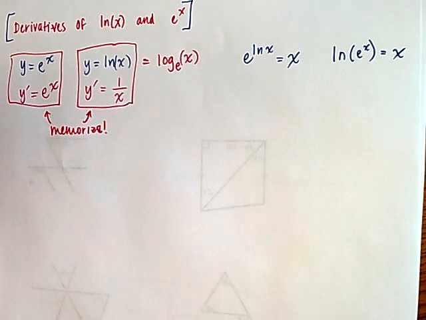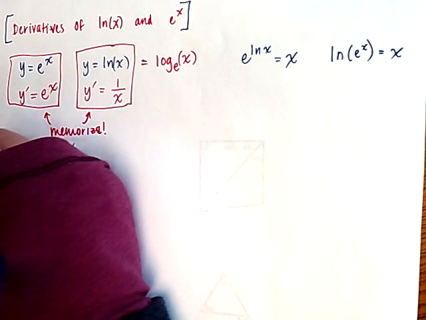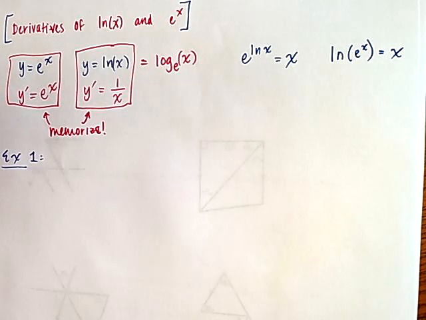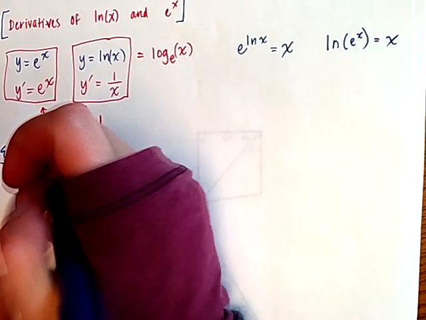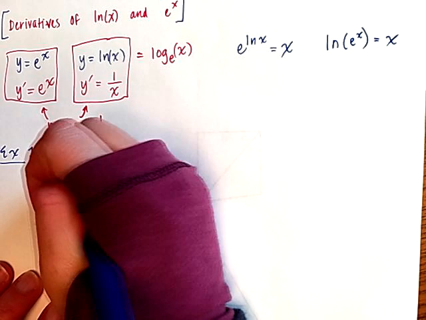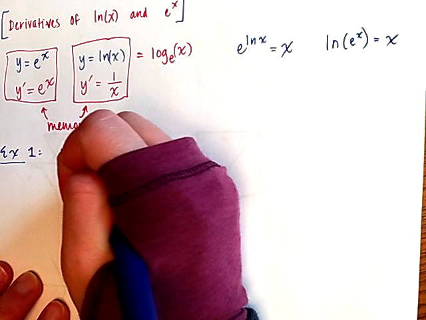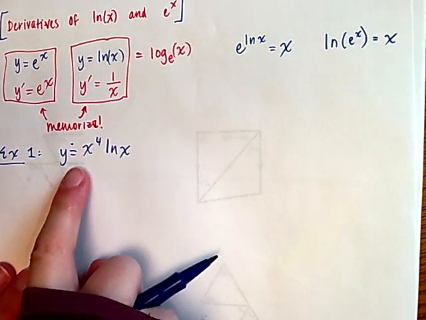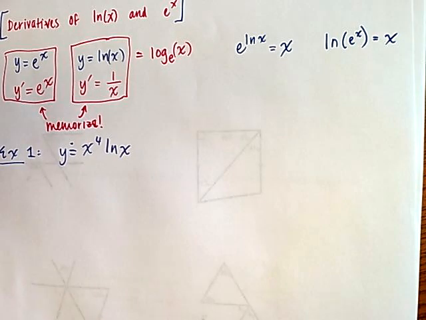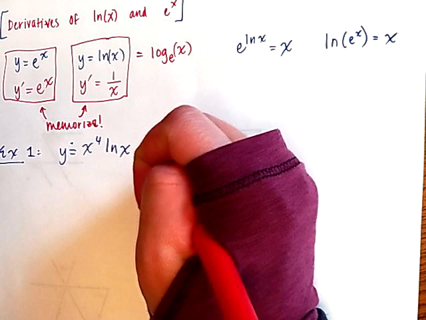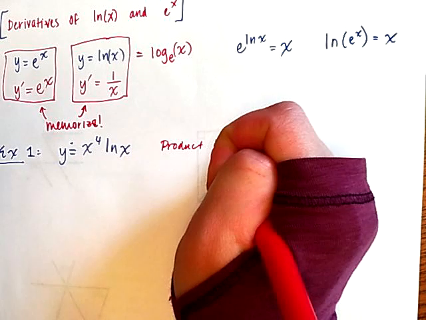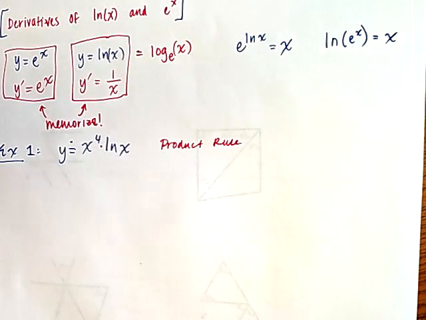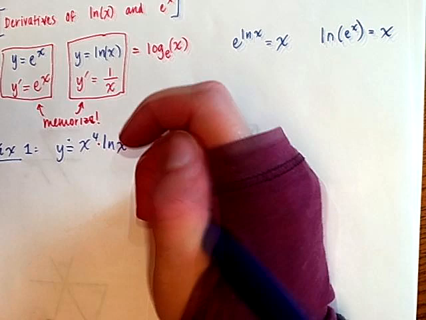Okay, so for my first example, we're going to start with some natural log problems. So if we have something like y equals x to the 4th times ln x, what is the underlying structure here? I see I have a product, so I know I'm going to need to do the product rule because I see multiplication. So let me set up my u and my v.